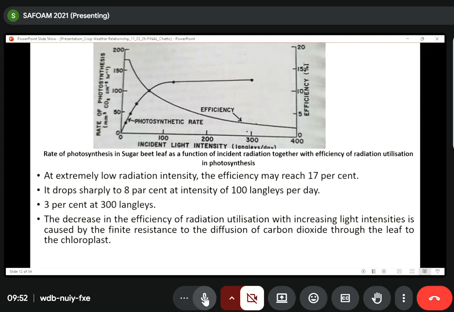That is, the decrease of efficiency of radiation utilization with increasing light intensity is caused by the finite resistance to the diffusion of carbon dioxide to the chloroplast. So when this is happening, the plant tissues are acting in a very active role.